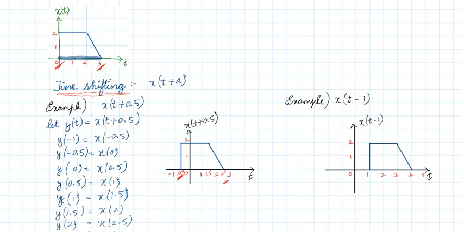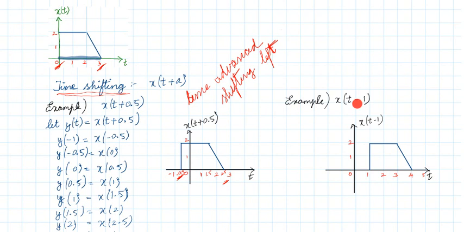That is advanced time shifting. Advanced is nothing but another way of saying shifting left. This signal is shifted to the left of the time axis by 0.5.